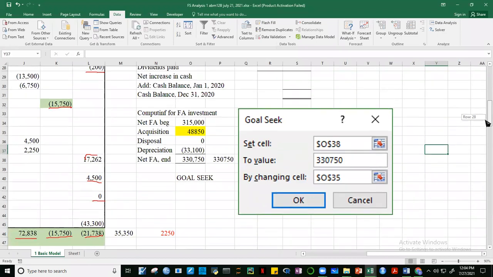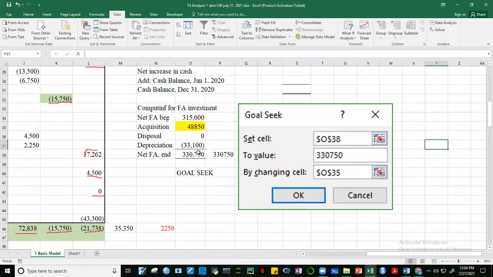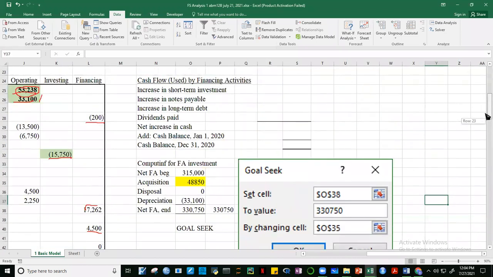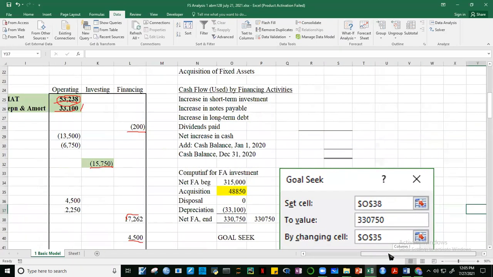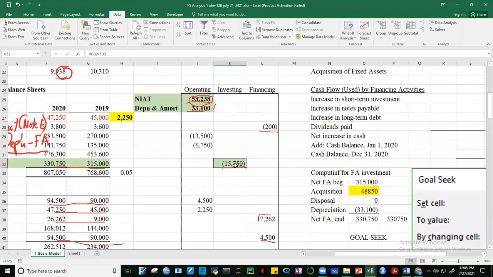Okay? 48,850 tapos equal na siya. Okay, so therefore guys, yung 48,850, we have to replace this and then this is equal to minus 48,850. Acquisition kasi yan, no? Okay. So we now have 48,850 here.